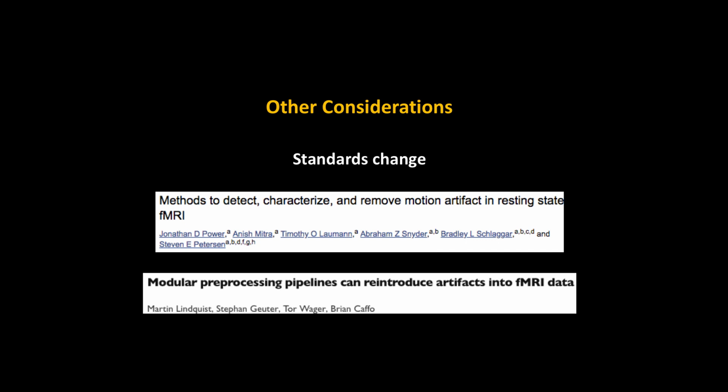First we do the slice timing, and then we do the motion correction, and then we do the registration, or however you do it. But what they've shown is that they actually are not orthogonal, and that depending on the way that you have this set up, later pre-processing steps can actually introduce artifacts from the previous pre-processing steps. It's a very sobering paper.